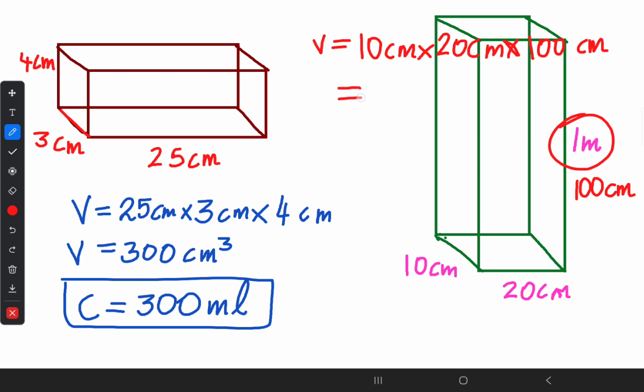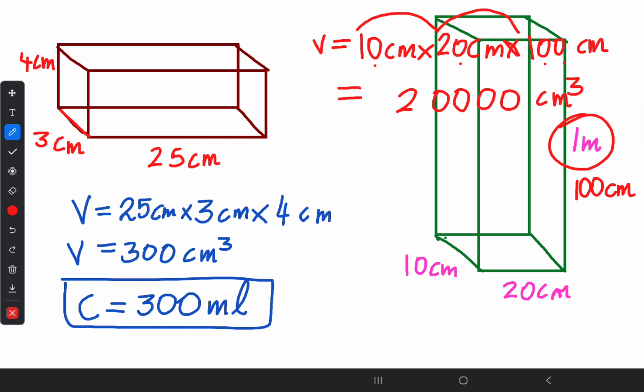It would be 2 with 4 zeros, that is 20,000 cubic centimeters.